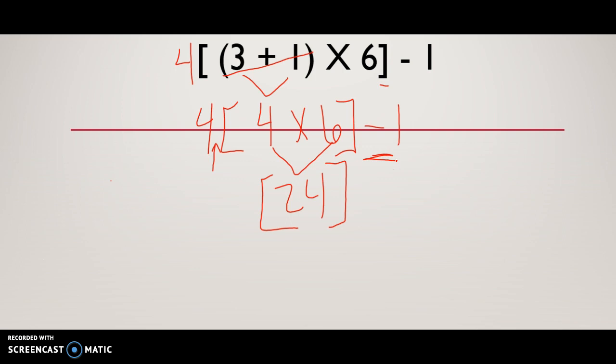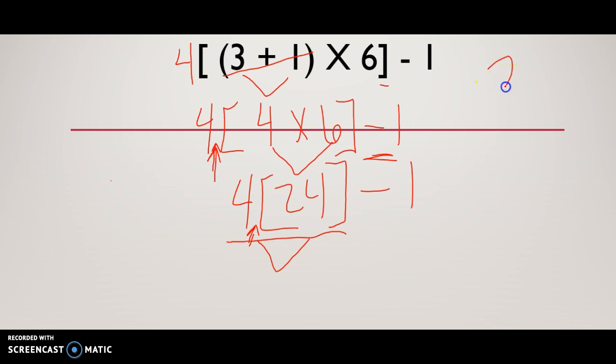Like over here, we have the minus 1 separating it from the bracket. So if in the last problem the only numbers left were 24 and minus 1, I didn't need to bring my brackets down. But this time I have a number but no operation symbol, so I need to keep the brackets. Since there's no operation symbol between the brackets and the number 4, this tells me to multiply these two numbers together.